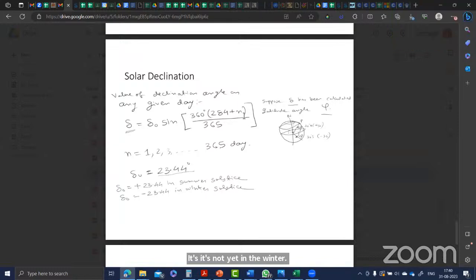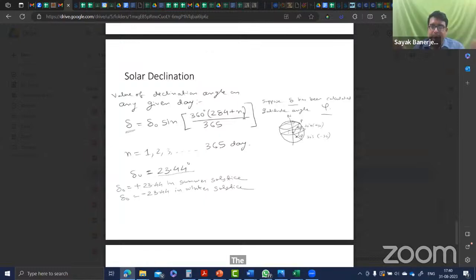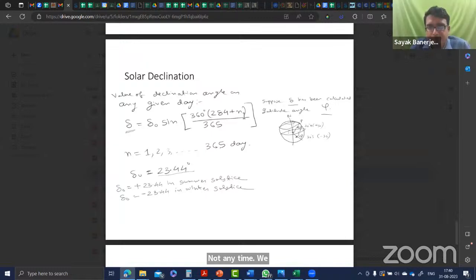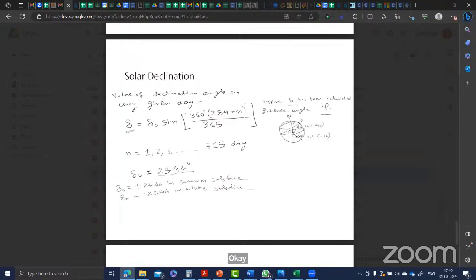Remember, we should not take delta naught as negative at any time. If the angle is more than 180, it will be negative. Correct. So 15 September is still in the summer half, and you need to remember that. Yes, that is for the northern side. You said July to December, it will be in summer.